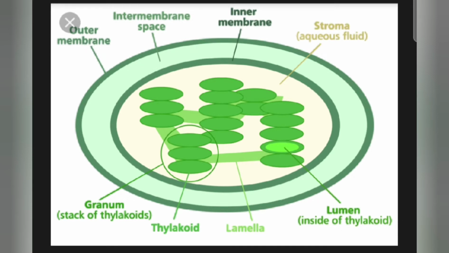Now granum is the functional unit of chloroplast. Granum is where the actual function of chloroplast takes place, that is, photosynthesis takes place within the thylakoids or within the granum. So this is all about the structure of chloroplast. Next I will talk about the function of chloroplast.